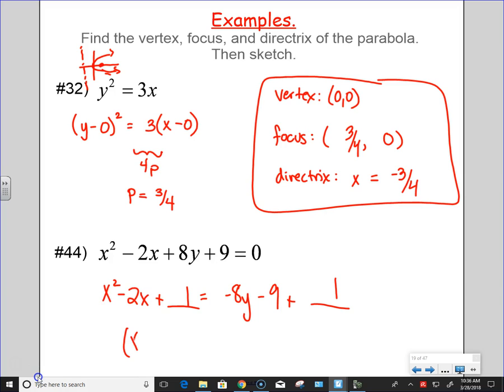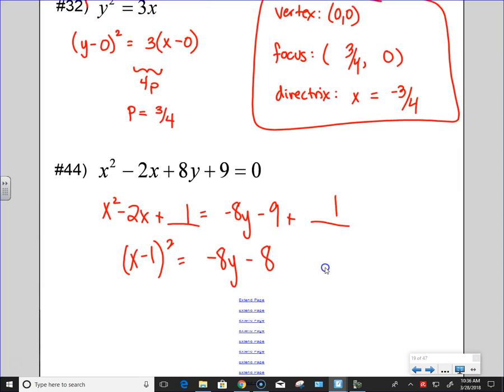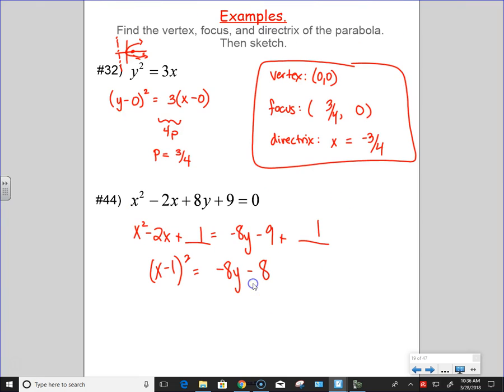Now I'm going to have x minus 1 squared equals -8y minus 8. I'm not quite to my standard form, but oh, how close I am. What do you think the last thing is I'm going to do? Factor out a -8, because I need my coefficient in front of my y minus or plus k term.